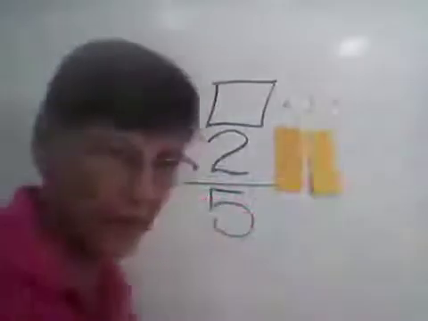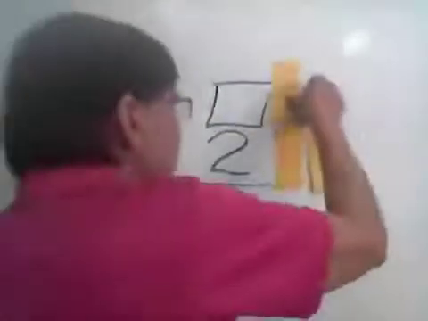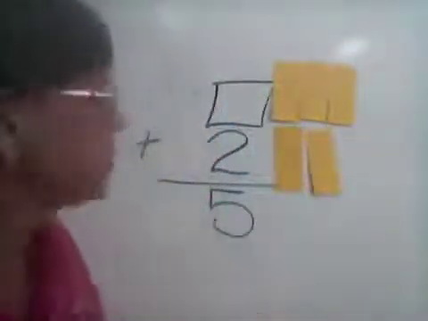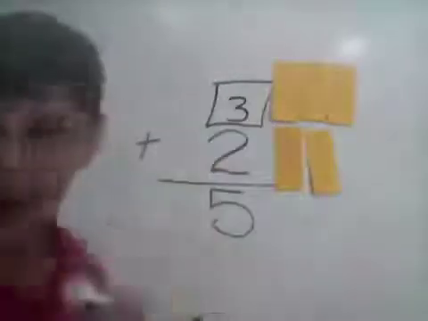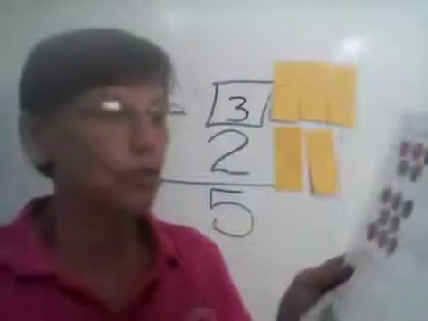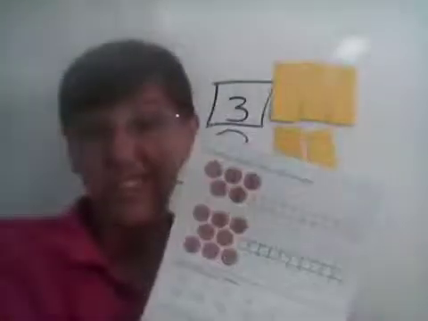Can I see that? 1, 2, 3, 4, 5. So what number goes up there? 3. Okay? You do the last one all by yourself. See if you can do that.